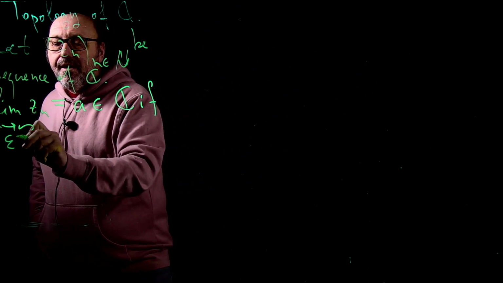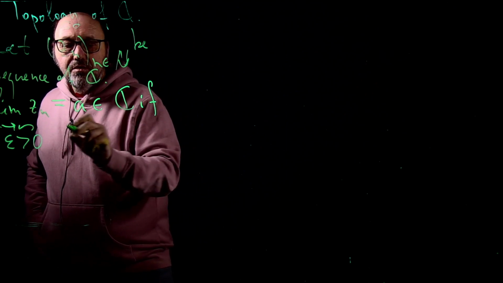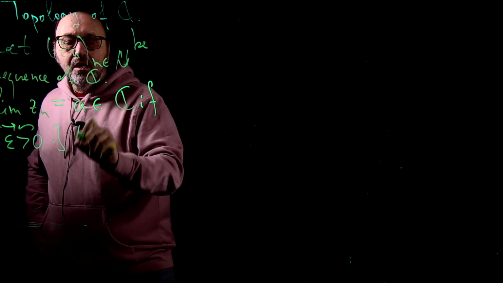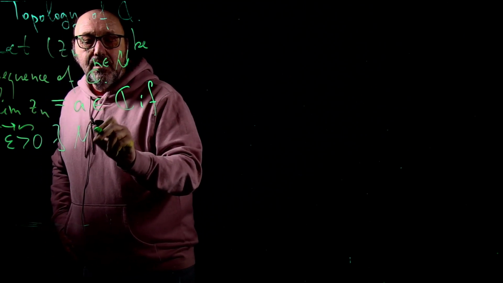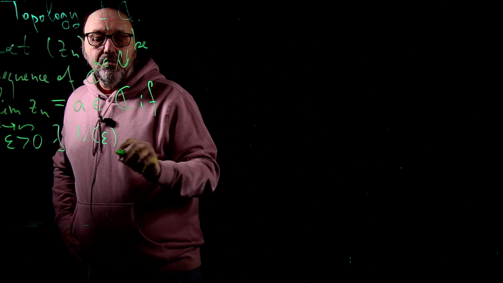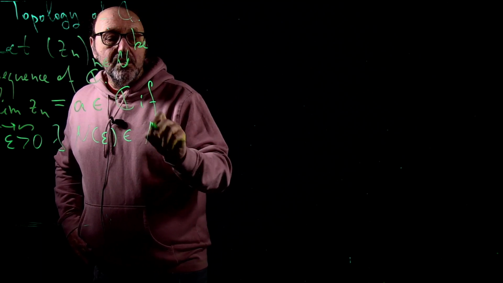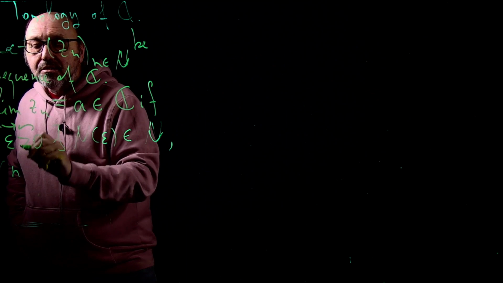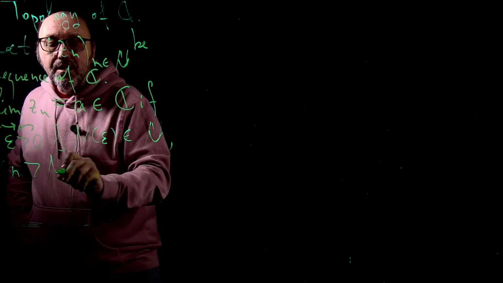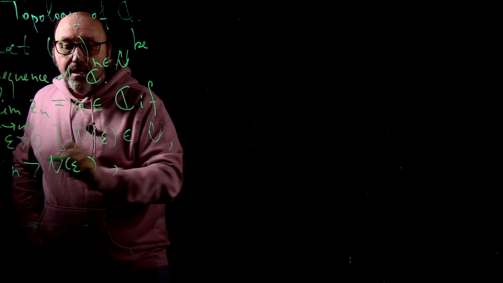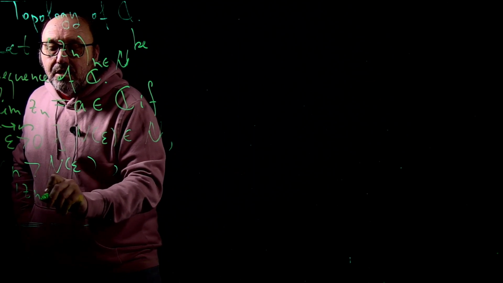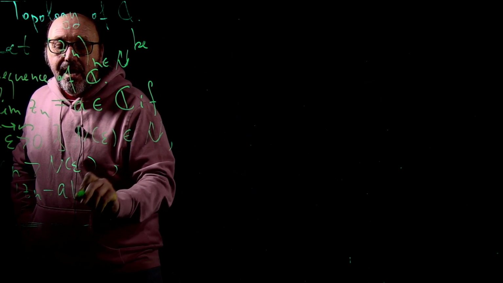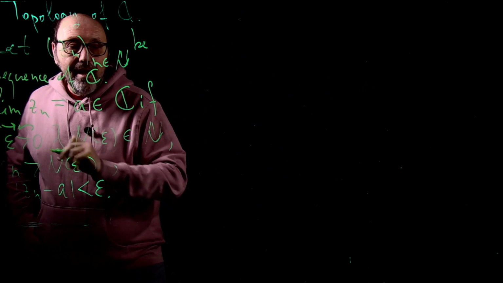for every epsilon positive there exists a number capital N which depends on epsilon, such that for every number n small, which is bigger than capital N, the distance between Zn and A is smaller than epsilon.